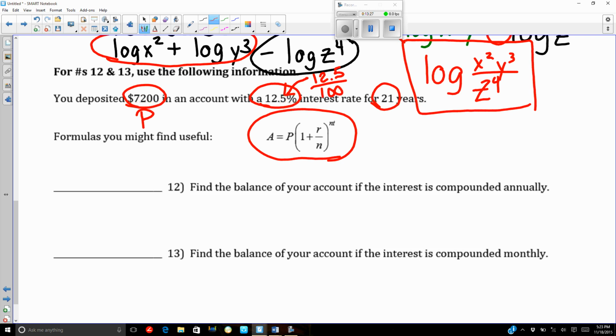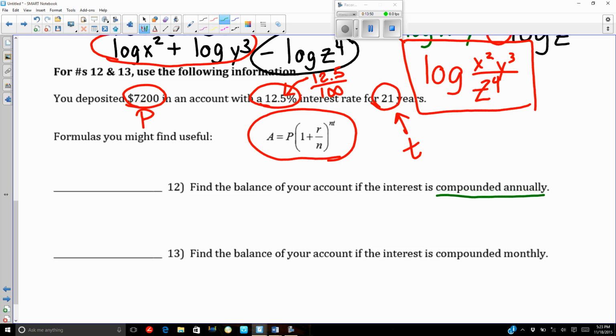And then the 21 is going to be my time, because that's our time in years, how long we've invested the $7,200. The N variable comes from how many times this is compounded. So number 12, it says that it's been compounded annually.